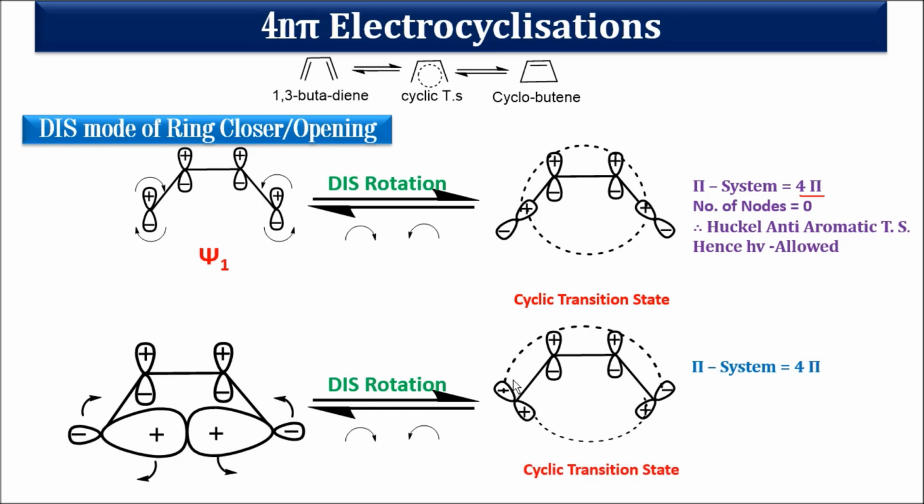Here minus after plus, one node is there. Sorry, two nodes are present, I wrote one node wrongly. Here one node is present, here also one node is present. So there are two nodes, which is even, that is a Huckel system, and 4n Huckel anti-aromatic is called photochemically allowed. Friends, this is about 4n electrocyclisation reactions explained by using PMO theory. Let's explain.